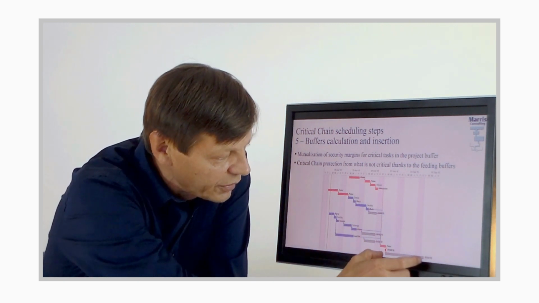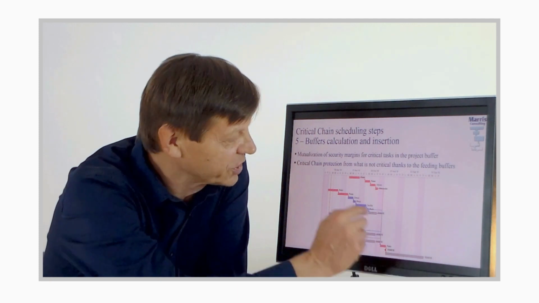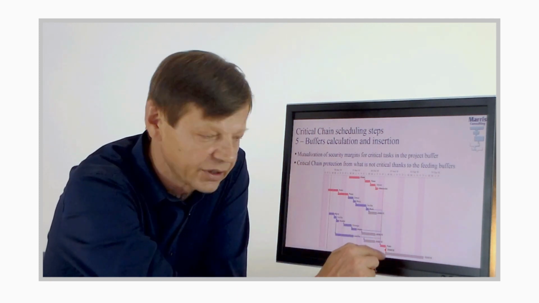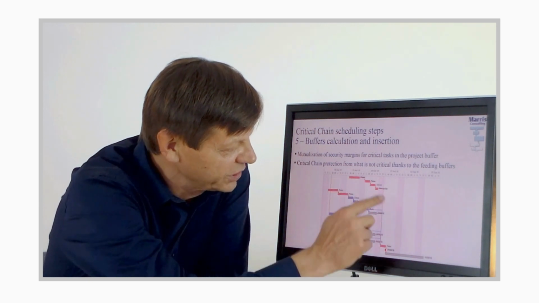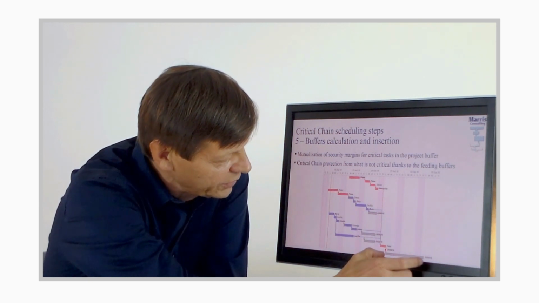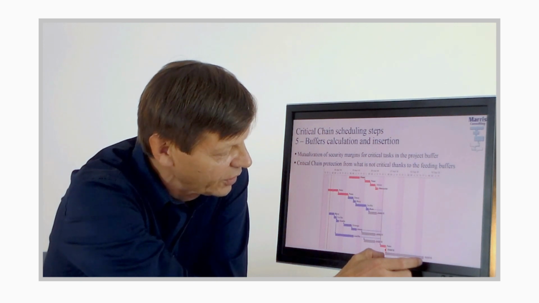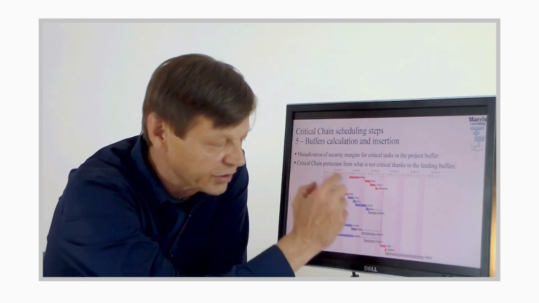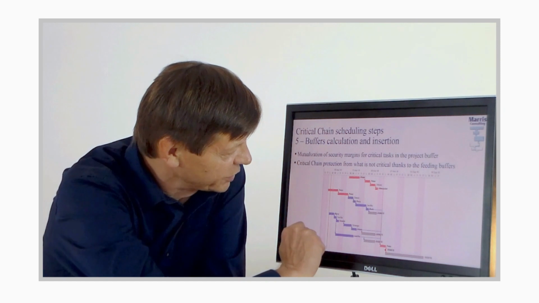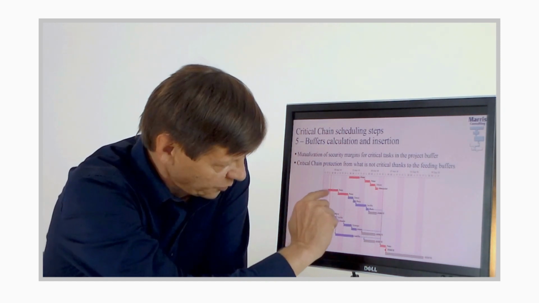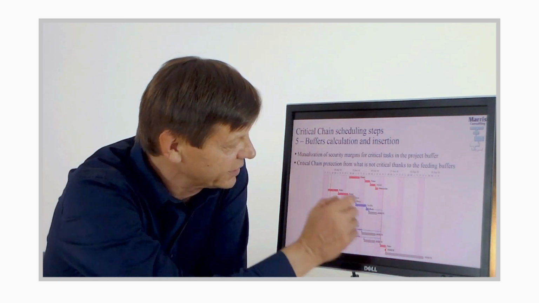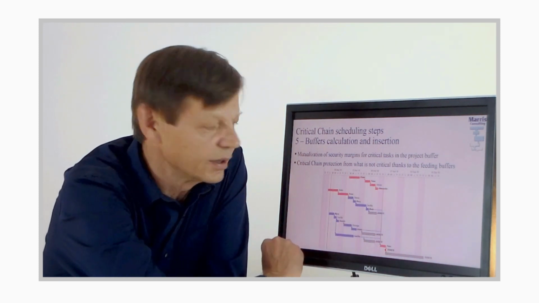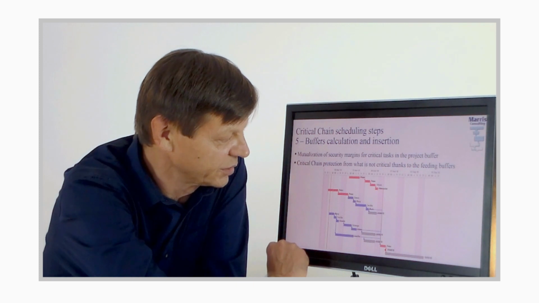And one of the nice things about critical chain is you don't have to sum all the variabilities here, because you're taking into account this whole sequence, and you can have the compensated collective variability. I won't go into the formulas with square roots and stuff, but this buffer, because it's global, will be a lot less than the sum of the individual safeties that you had in the system previously.